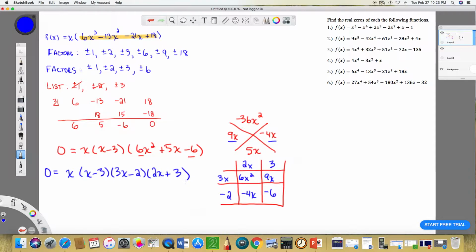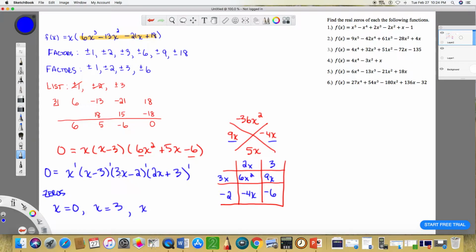All right, so this original one had degree 4. We've got 4 factors here. It's going to produce 4 zeros for us, so we have found all of the zeros for this problem. These all have a multiplicity of 1, so they're going to intersect the x-axis by crossing over it at each one of these values.